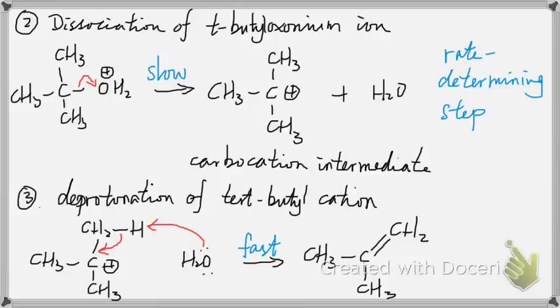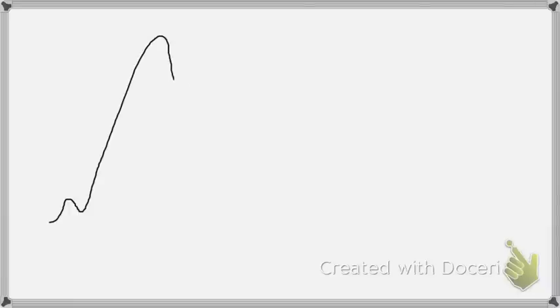So I want you to take another look at the second step. Starting material is the alkyl oxonium ion. Product is the carbocation. So let's take a look at the energy diagram. This mechanism has 3 steps, so we should have 3 humps, as shown here.